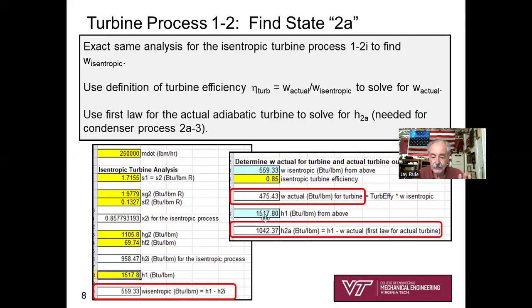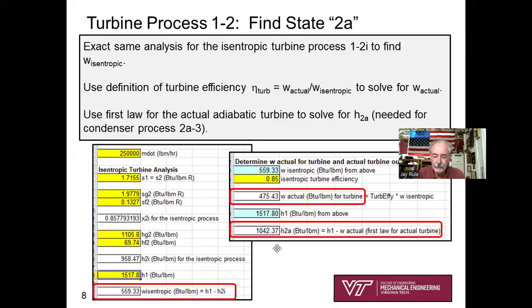So I need to use the first law to solve for H2 actual. Q, that's 0, minus W actual equals H2 minus H1. So I can solve flat out for H2 actual is H1 minus W actual. And so we've got 1042.4 is H2 actual.